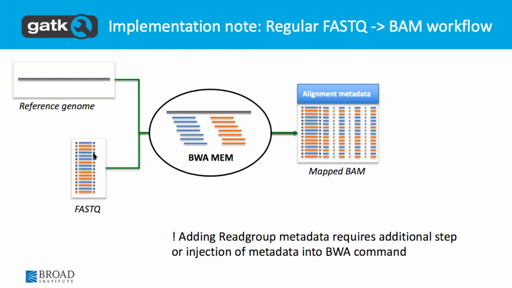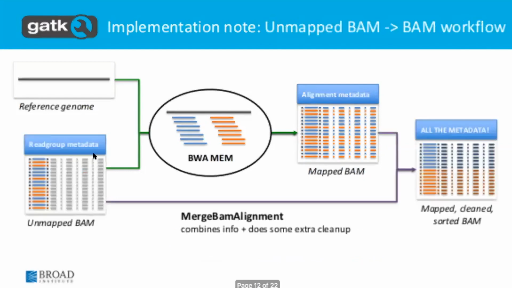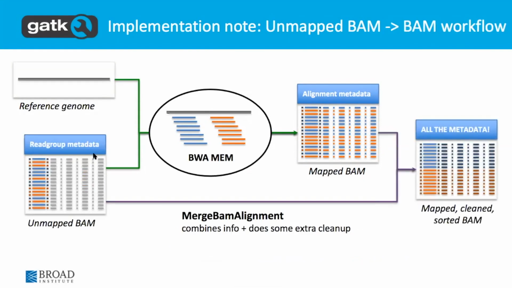To get around that, at Broad, what we do is use a file format called unmapped BAM, which essentially keeps your read information and your metadata together in one file. It uses this unmapped BAM file, processes it, and then creates this mapped BAM, which has all the alignment information.